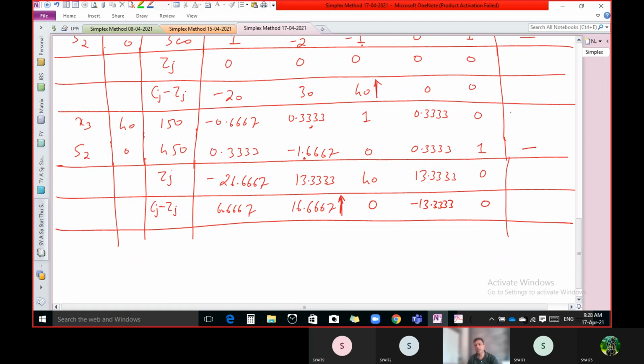So 150 divided by 0.333333, that is 450. And that is the only one value. So x3 will leave the basis, and in that place x2 will enter. X3 will leave the basis and x2 will enter, and s2 remains as it is.